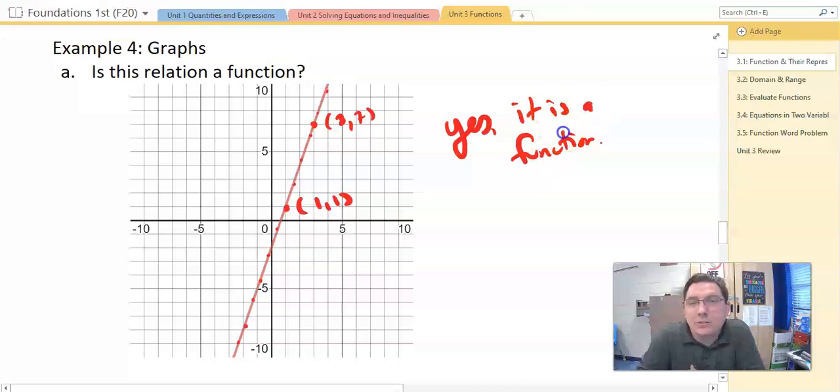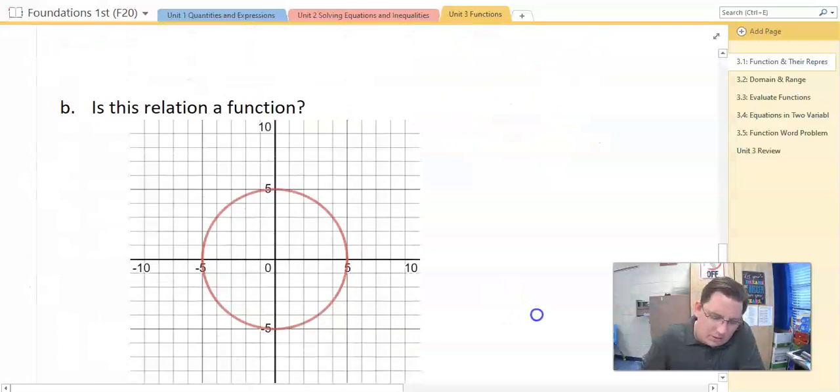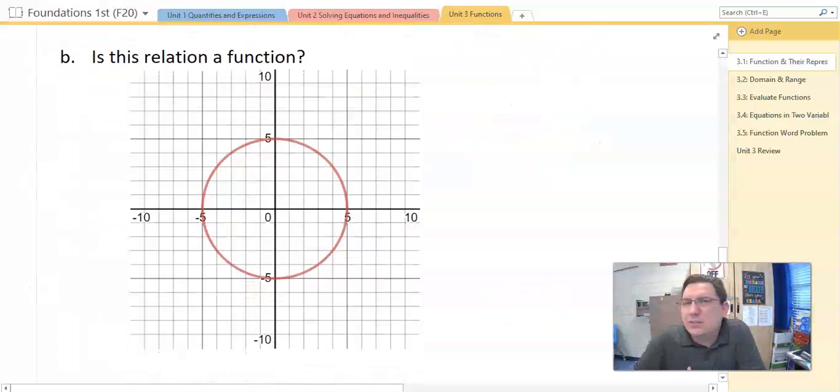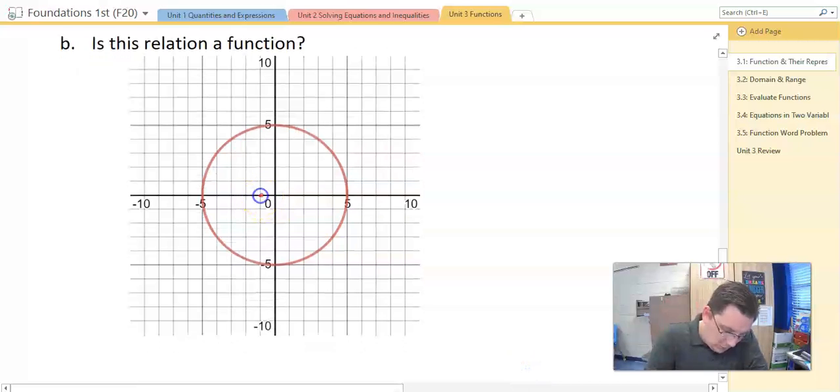And why is it a function? Because every x only has one y. Now, what would a graph look like if it was not a function? Well, let's scroll down and look at example B. Look at this one here. Is this relation a function? Well, remember the definition. Every x can only have what? One y. But watch what happens when x is -1.